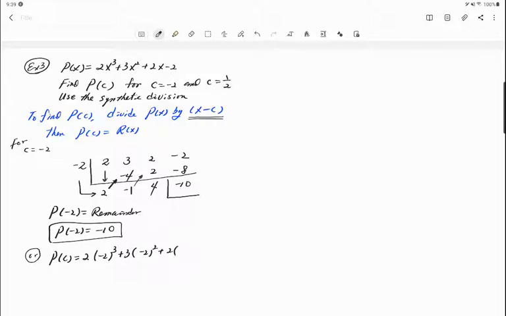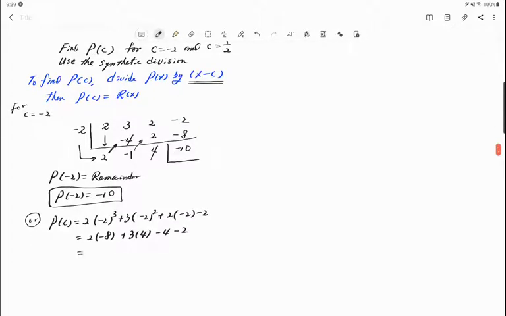And this is going to take a little bit longer. Then negative 2 times negative 8 plus 3 times 4, and then minus 4 minus 2. So that is negative 16 plus 12 minus 4 minus 2.